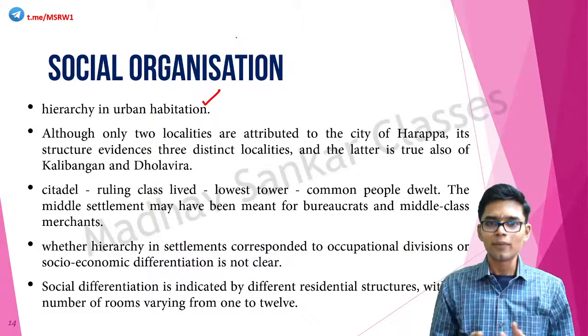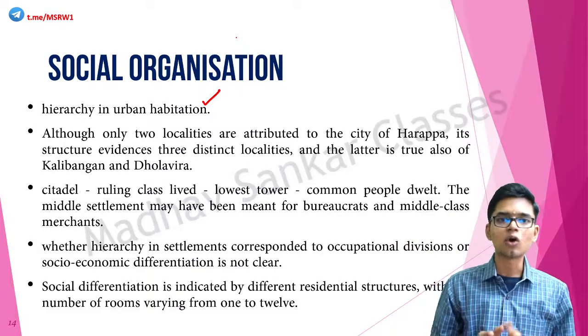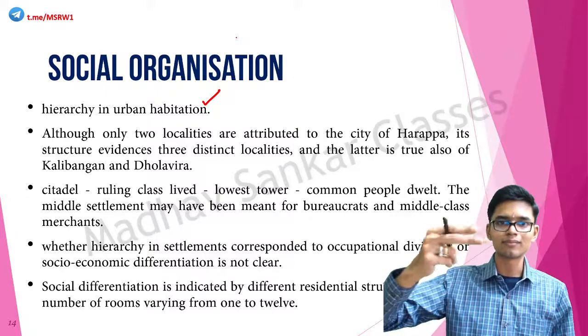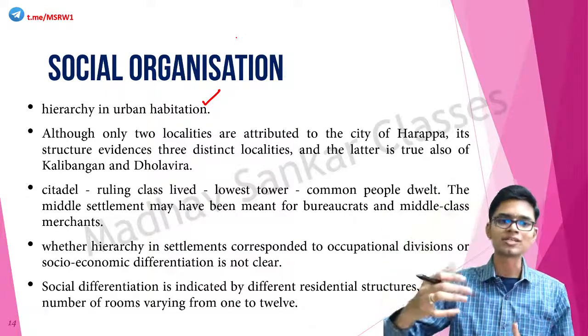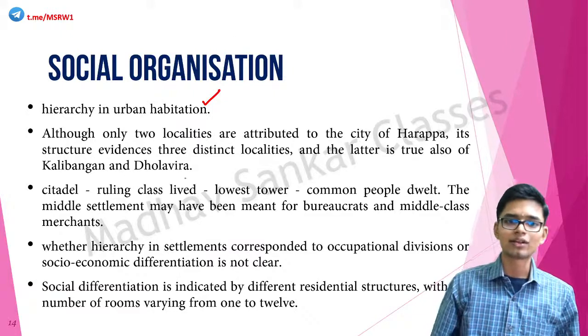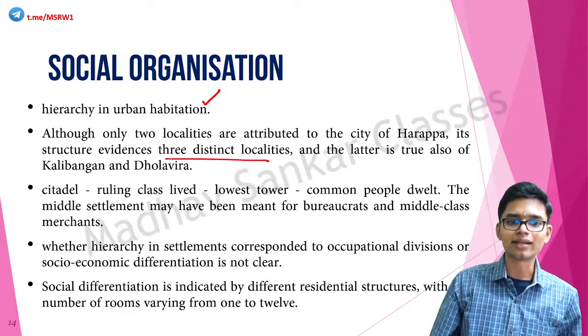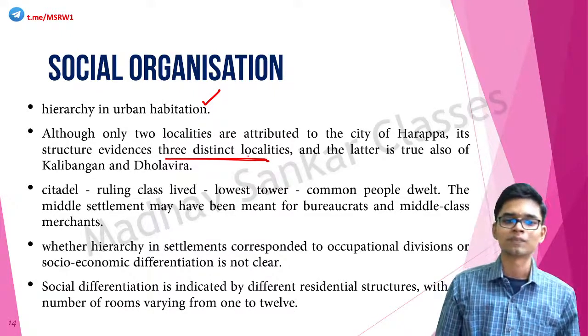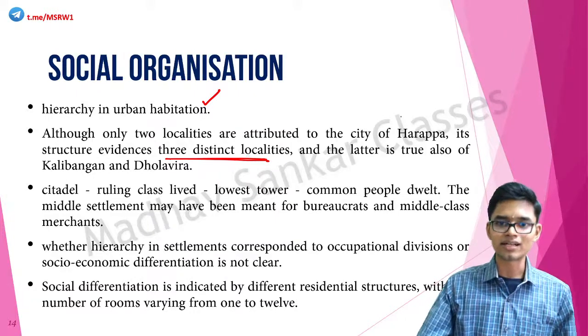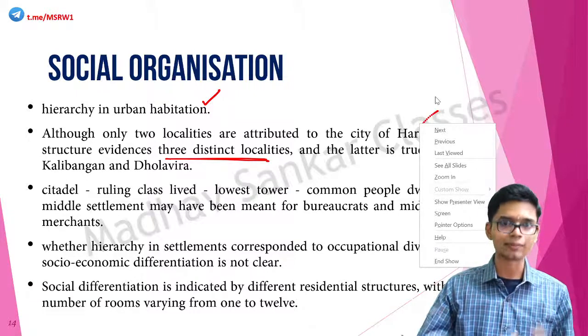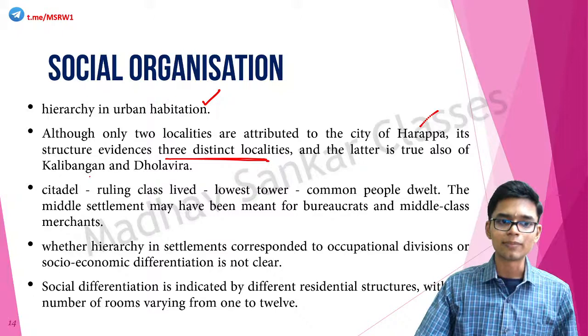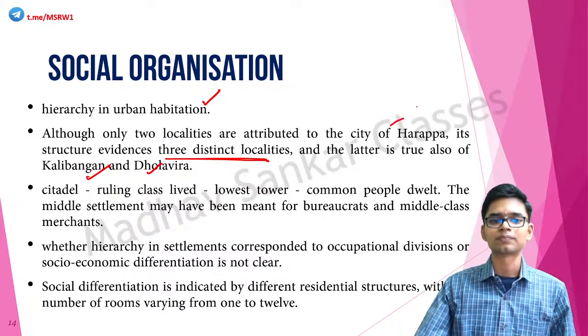In most of the cities, although we find these two locality divisions, there is evidence that there could be three distinct localities in Harappan cities. We have such evidence from the site of Harappa, from Kalibangan and from Dholavira.